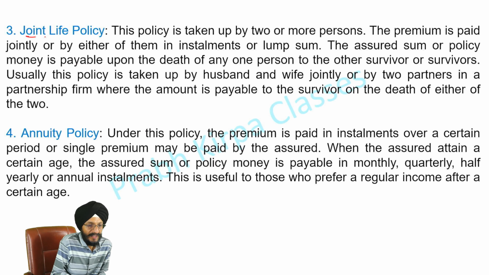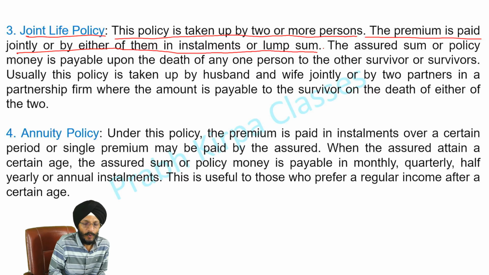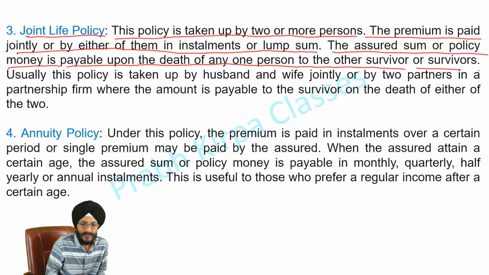Third is the joint life policy. This policy is taken by two or more persons. The premium is paid jointly or by either of them in installments or in lump sum. The sum assured or policy money is payable upon the death of any one person to the other survivor or survivors.